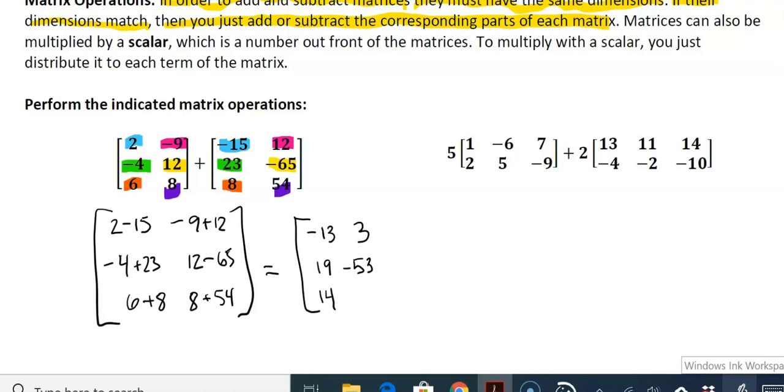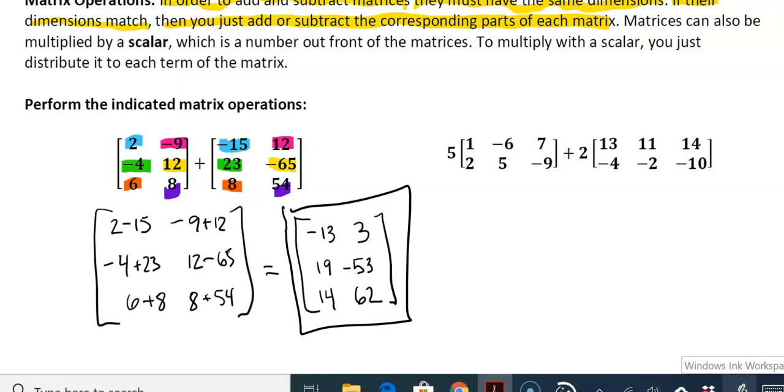And 8 plus 54 would be 62. And that matrix there would be your final answer.